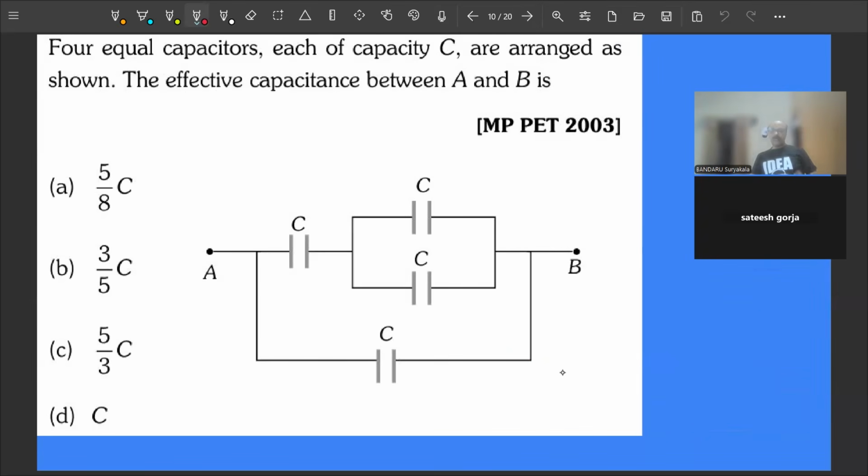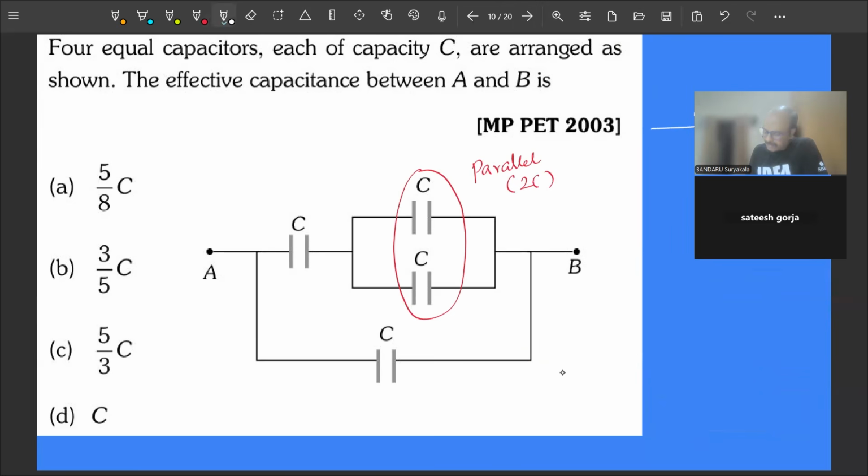Now, the 4 equal capacitors of capacitance C we arrange as an equivalent capacitor between A and B. These two are connected in parallel. Parallel means C plus C becomes 2C. Now we can write the diagram.